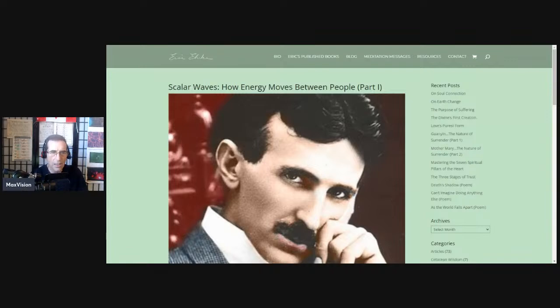Are electromagnetic waves scalar? Scalar waves are two of three possible types of waves of electromagnetic wave. In 1888, discovered by Heinrich Hertz. The electric scalar wave, discovered by Tesla around 1890, and the magnetic scalar wave, which plays a crucial role in biology.